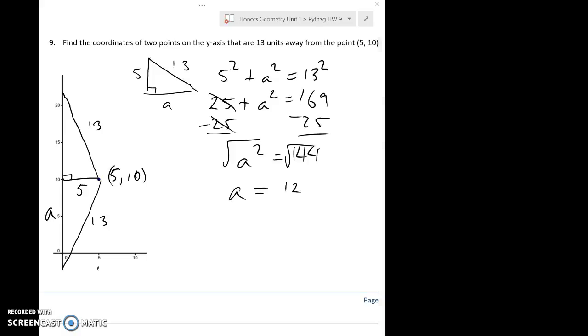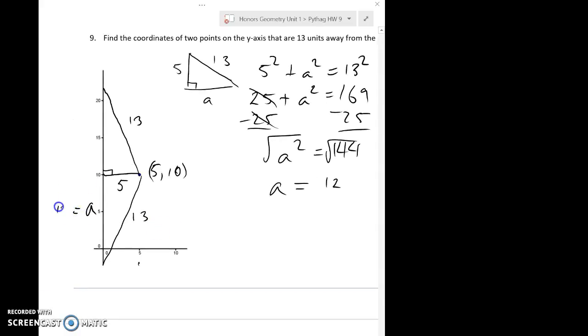Now, I wanted to find the y coordinates to actually go with this. If I know that a is 12, I label that in here, it means that this distance from here all the way down to here is going to be 12 units, as it is from there to there.